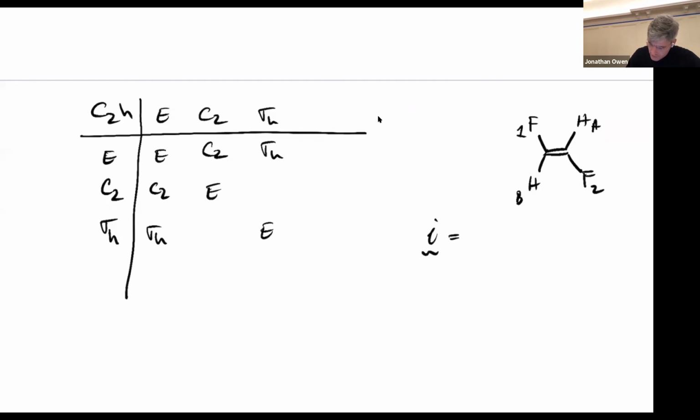Inversion is equal to C2 times sigma H, which is the same thing as S2. The C2 followed by sigma H gives you an I in here, and also back there. So we could add I to our table.